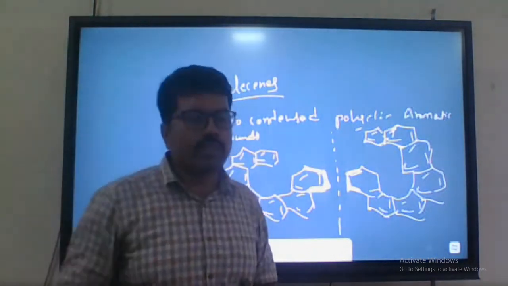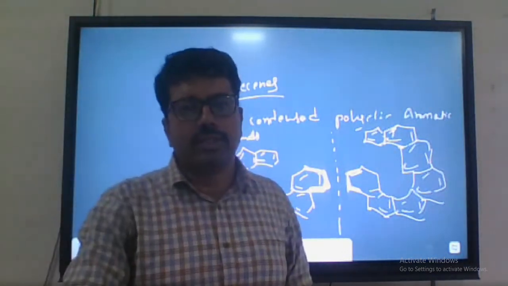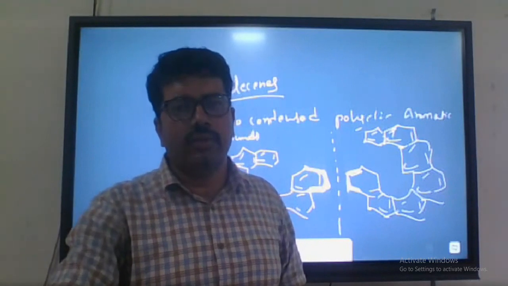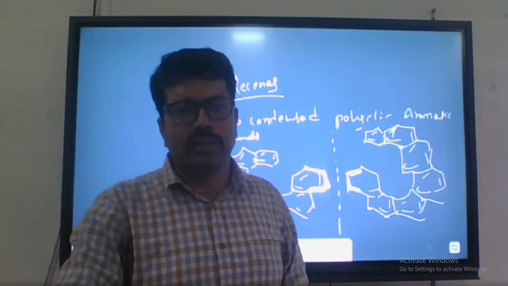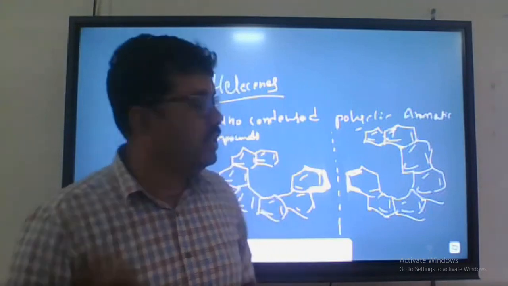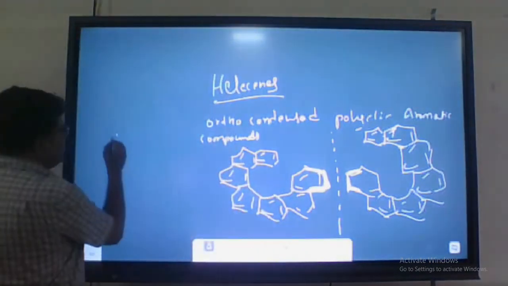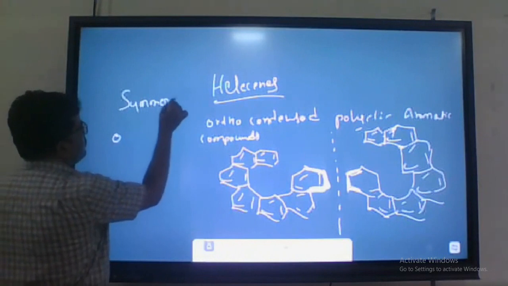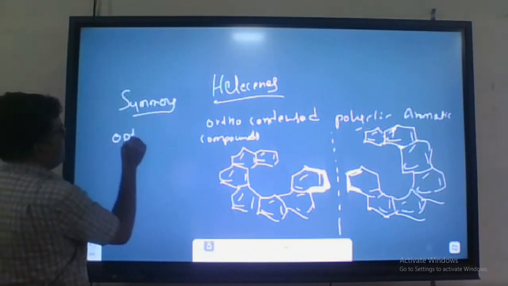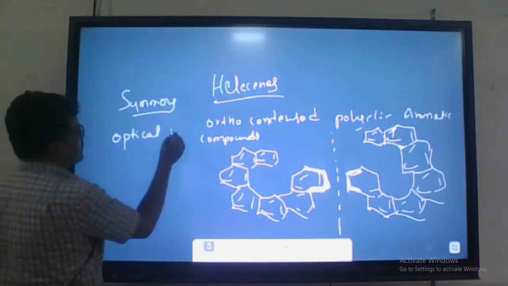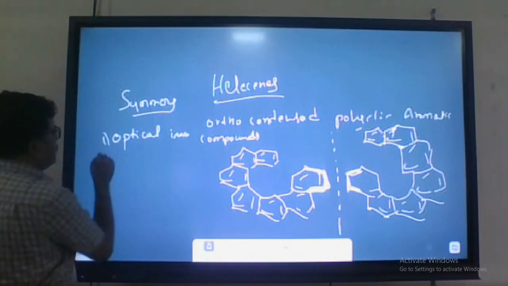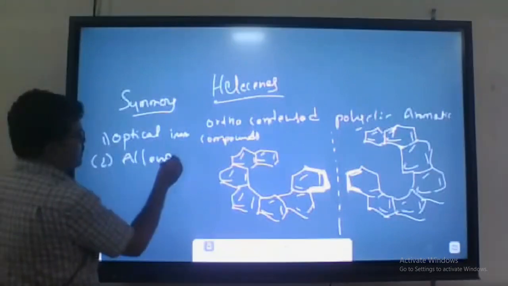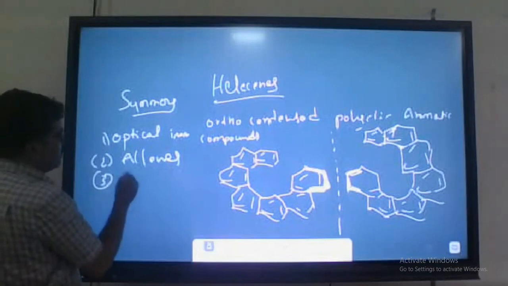So this completes the fourth unit. Next we will continue in the fifth unit. What is the summary of this? Optical isomerism, optical isomers, nomenclature, biphenyls.